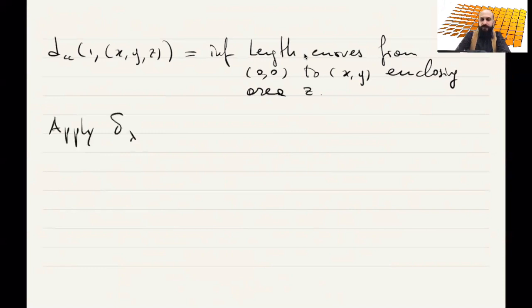Now apply delta lambda to a planar curve. What happens? First of all, the length.